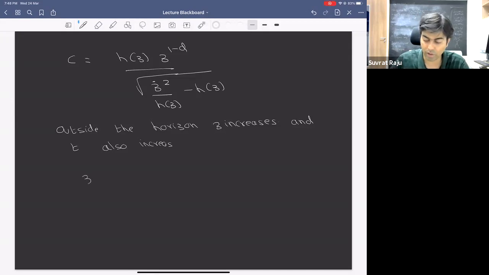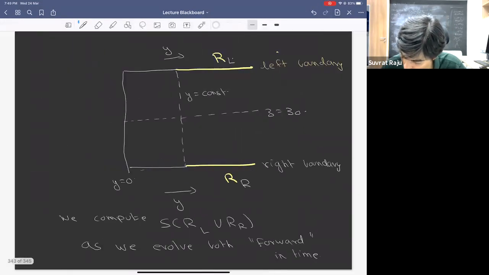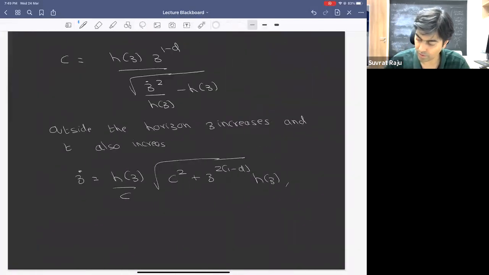And so the correct way you fix the sign is you write z dot is h of z by c. I'm just solving this equation and putting the correct sign. H of z, what did I use for z0? Z0. Great.